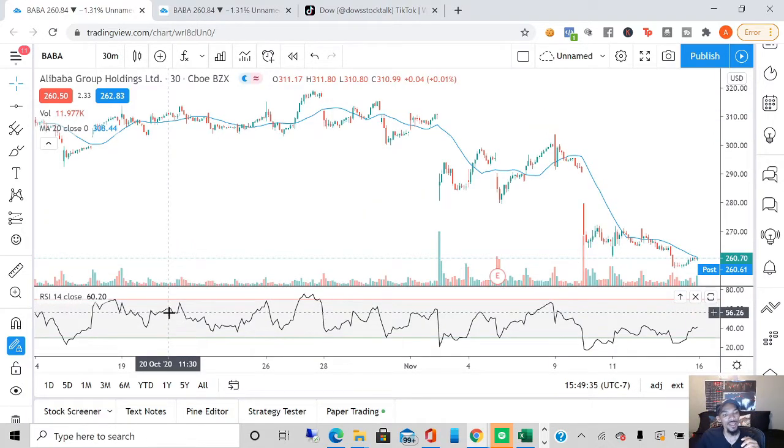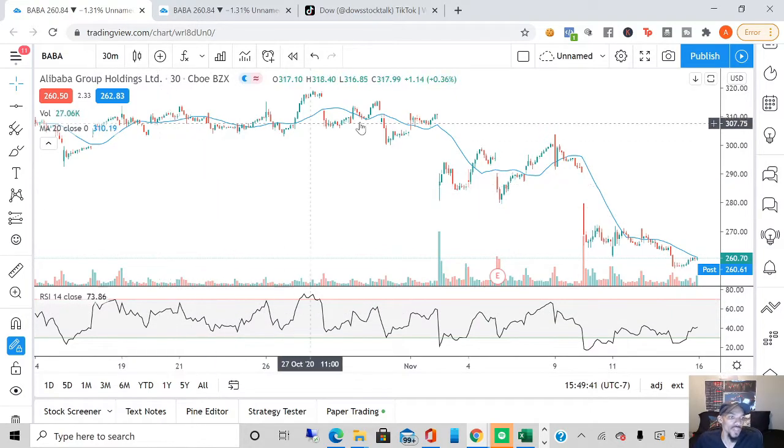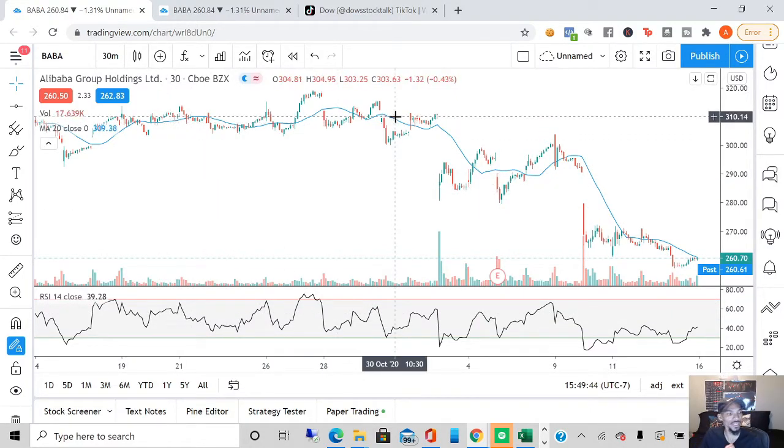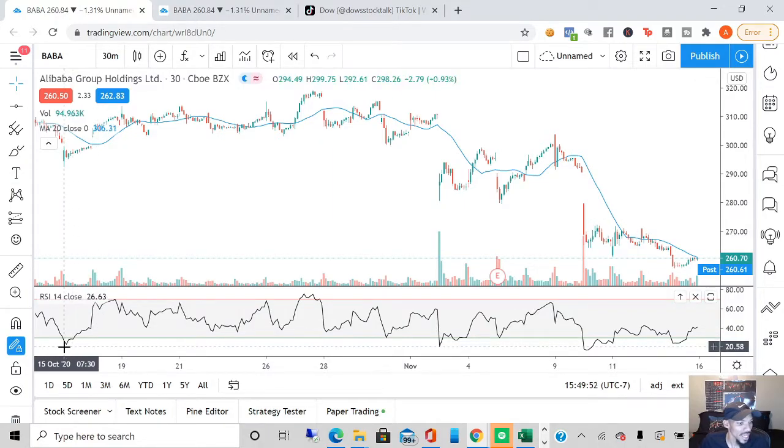So normally, in my personal opinion, I think the RSI should be used with another indicator. That's why I just put the moving average. But let's go and look at the RSI to identify the oversold and overbought. So right here, as you can see, the RSI is letting us know that at this price, based off of the previous prices, it is oversold.